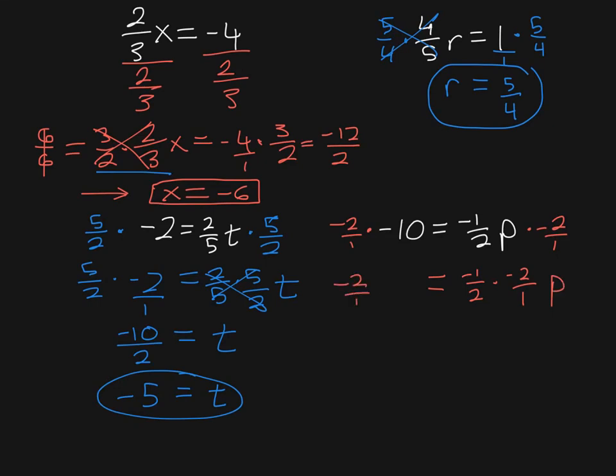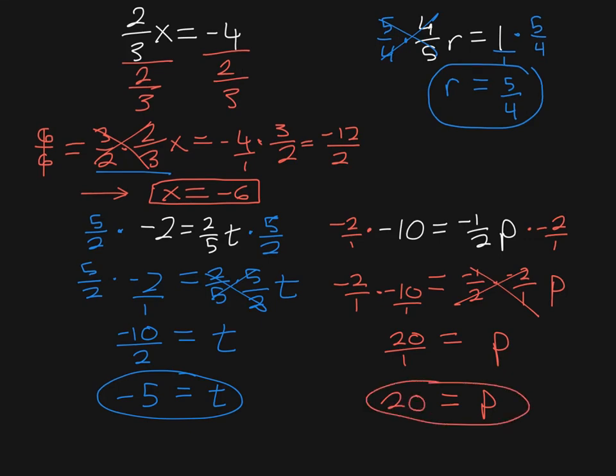Now, negative 1 times negative 2, that's 2. 2 times 1 is 2. 2 over 2 is 1. These cancel out. P equals 1p equals, make that negative 10 over 1. Negative 2 times negative 10 is positive 20. 1 times 1 is 1. So p equals 20. That's the value of p that makes the equation true.